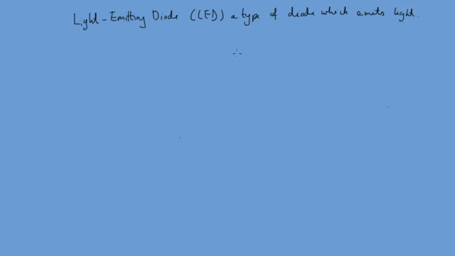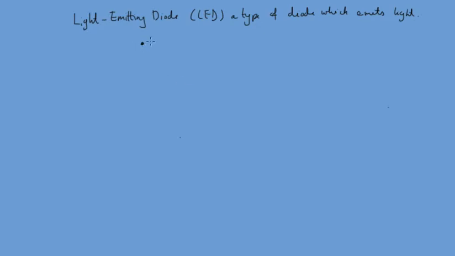Most diodes that we learned about before, when you have a semiconducting material, are mostly based on silicon, but silicon diodes do not emit light. So to get a light emitting diode, we have to use a different type of semiconductor.